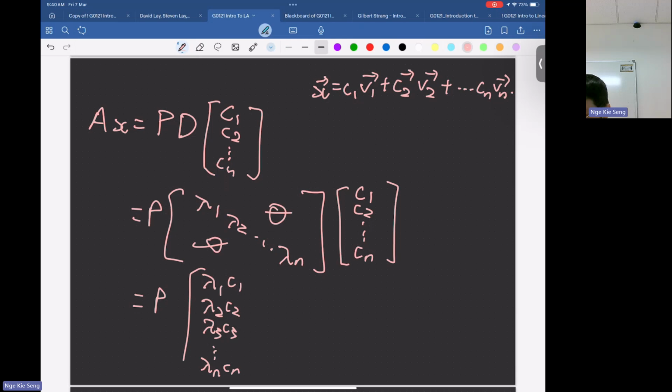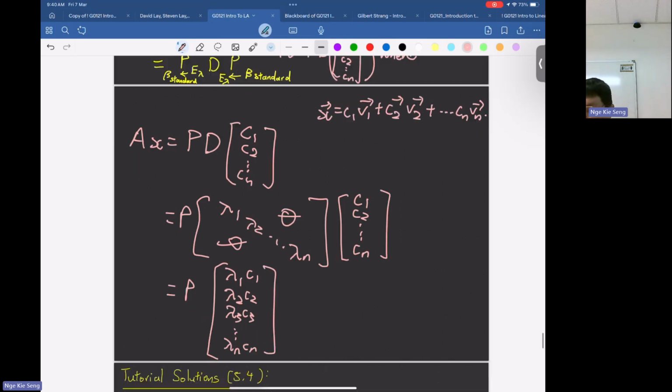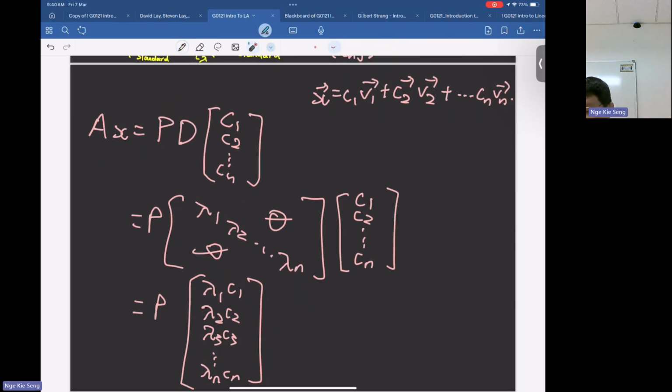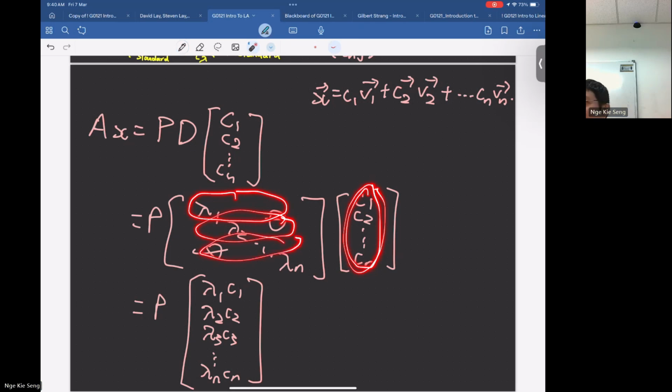Does it make sense? Because for every diagonal entry, you only really meet with one row. Every diagonal entry only meets with one row. Okay.